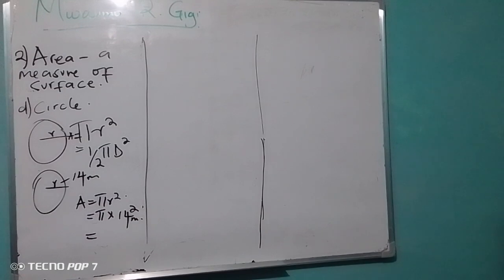Nimetumia calculator kitambo. 22 over 7.